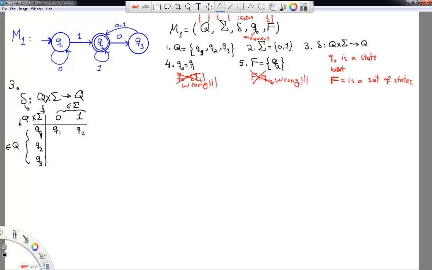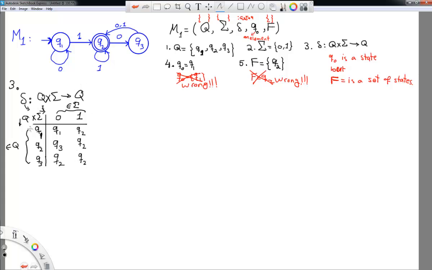If I'm in Q sub 2 and I see a 0, I'm going to go to Q sub 3. And if I'm in Q sub 2 and see a 1, I stay in Q sub 2. If I'm in Q sub 3, I'm going to go to Q sub 2 on either 0 or 1.